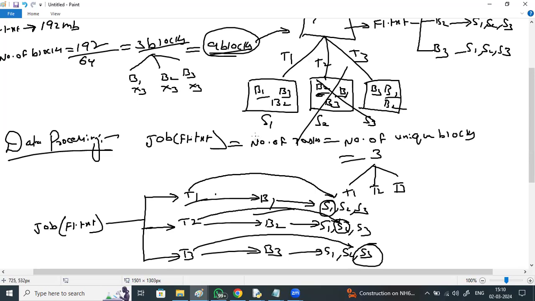The T2 task will be assigned to either S1 or S3, right?